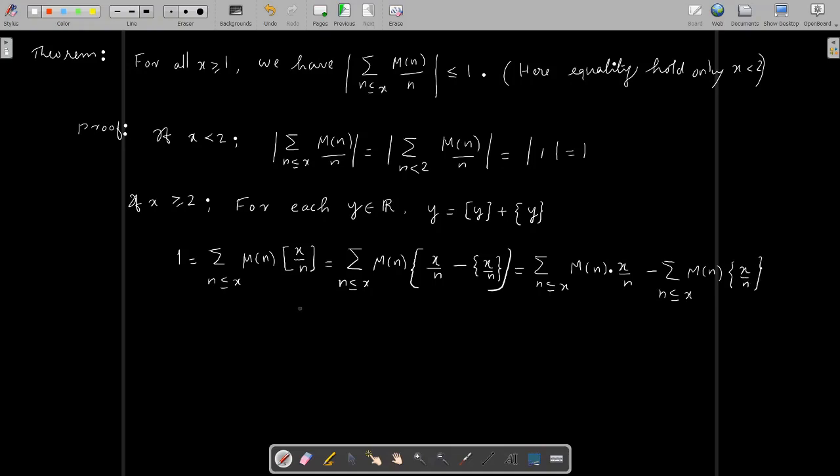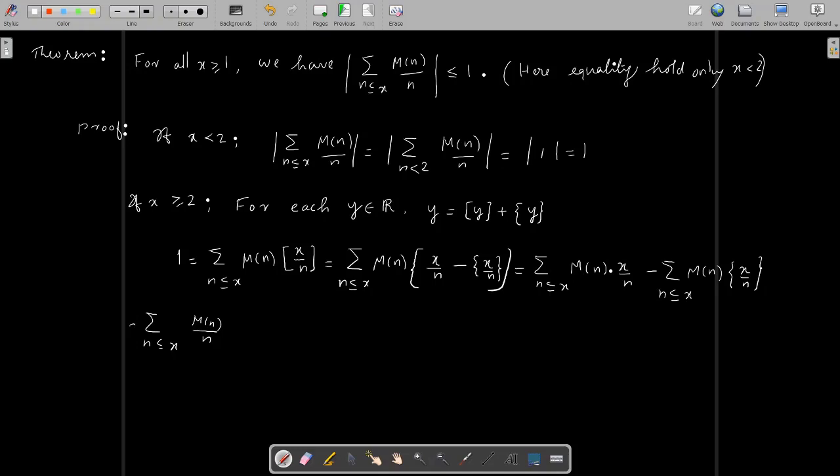Right? So from this we need to collect this term. Sigma n less than or equal to x mu of n by n. Since this sum depends only on n, we can take this x out.